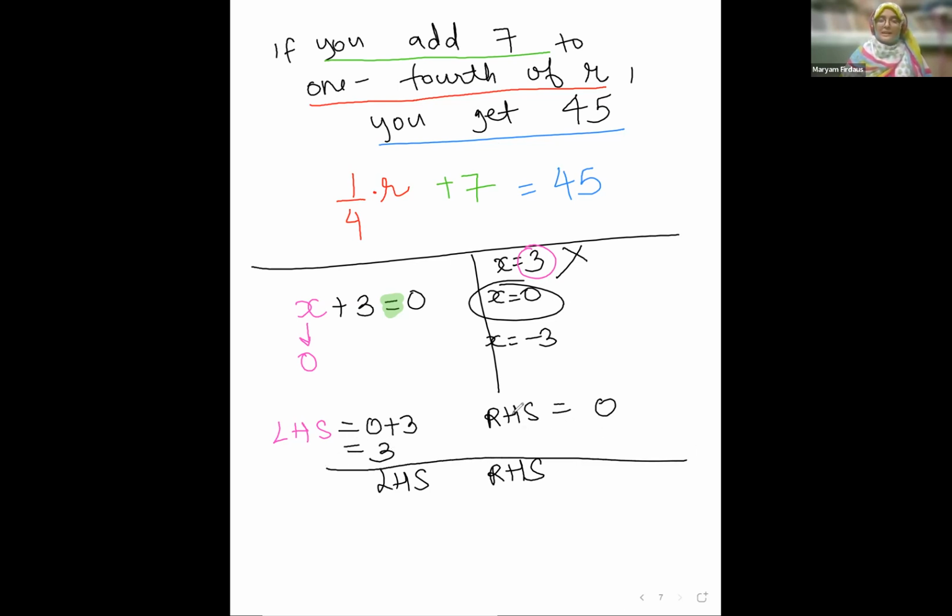Next, what is the right hand side? It is still the same, it is 0. So now tell me, is the left hand side equal to the right hand side? Hiba? They are equal, 3 and 0? No, it is not equal. So what will you write? Say whether the equation is satisfied, yes or no?